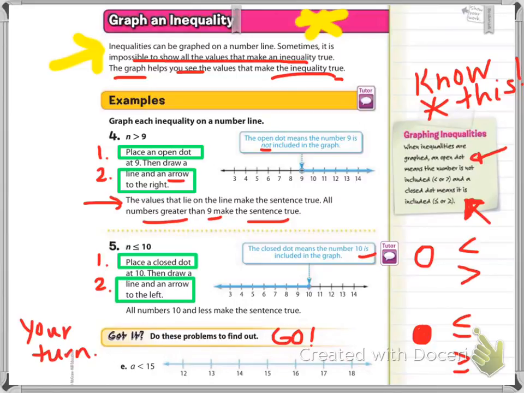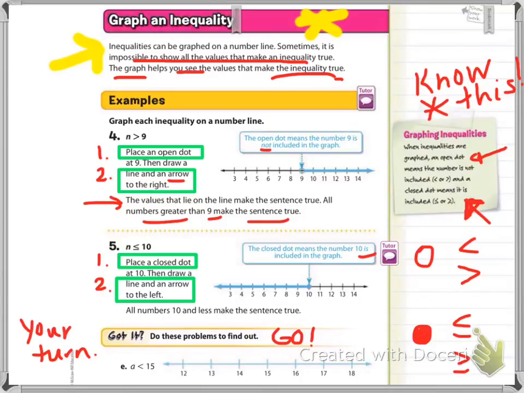So for number 4, n is greater than 9. You are not including the number 9 in your solution, and you can see that on the graph above with the words. So it is an open circle. Greater than means you are moving your arrow to the right, and that is an arrow at the end of the graph.